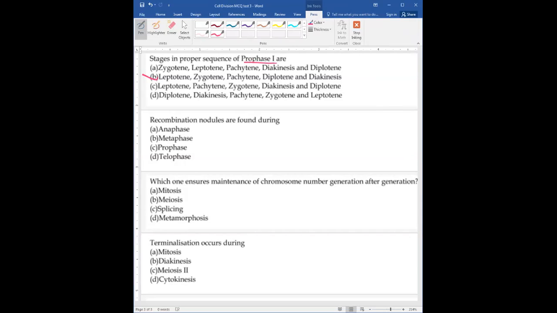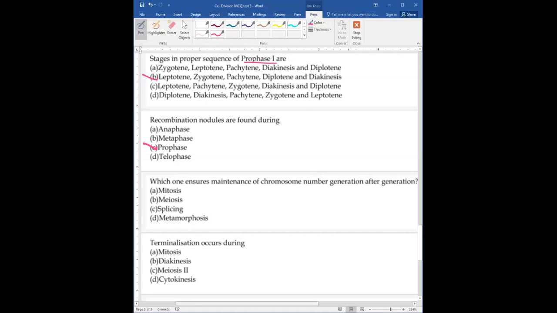Remember this, recombination nodules are going to start during your zygotene, because at that time we are going to see synapsis starting to take place. It starts from there, but the answer is prophase.